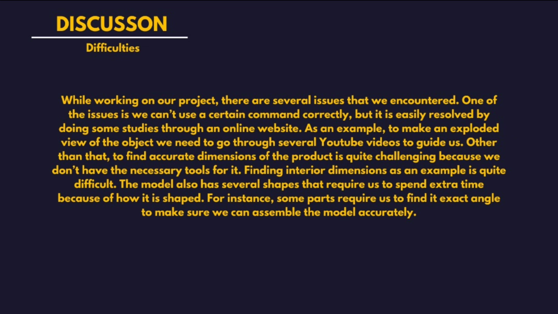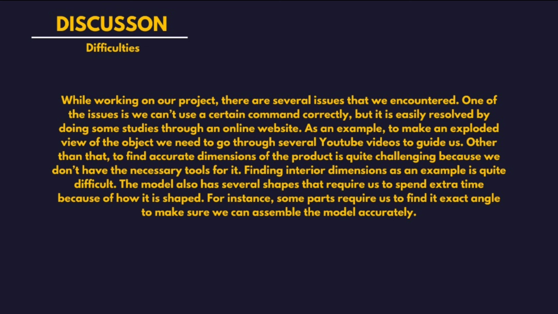Other than that, finding accurate dimensions of the product is quite challenging because we don't have the necessary tools for it. Finding the interior dimension, as an example, is quite difficult. The model also has several shapes that require us to spend extra time because of how it is shaped. For instance, some parts require us to find the exact angle.